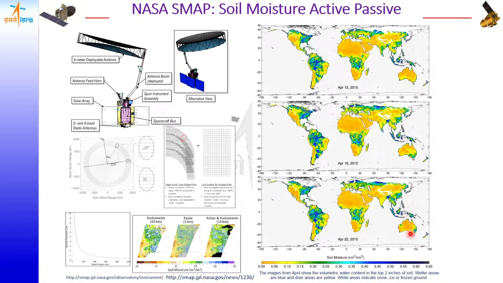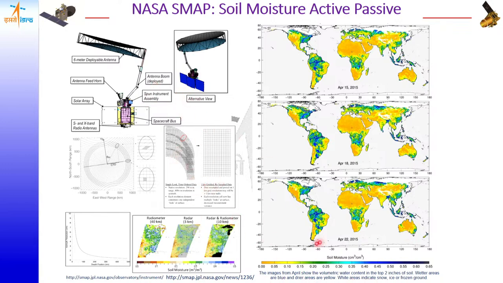So we have this L band, which is a low frequency, high wavelength sensor which can penetrate much more into the soil. And for the water we were using Ku band, which is high frequency, low wavelength, and in case of surface penetration for soil moisture, we use the L band. So it gives both radiometer and radar in a single satellite.